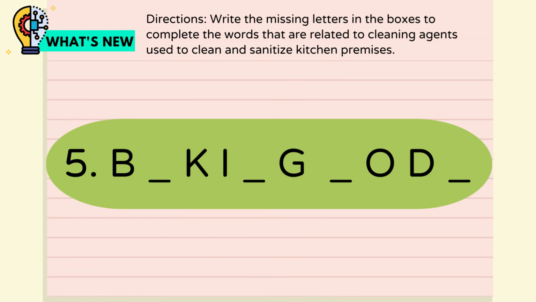This is also a cleaning agent used to clean different kitchen tools and equipment. To maximize its function, we need to mix it with other cleaning agents. If your answer is baking soda, then you are correct.